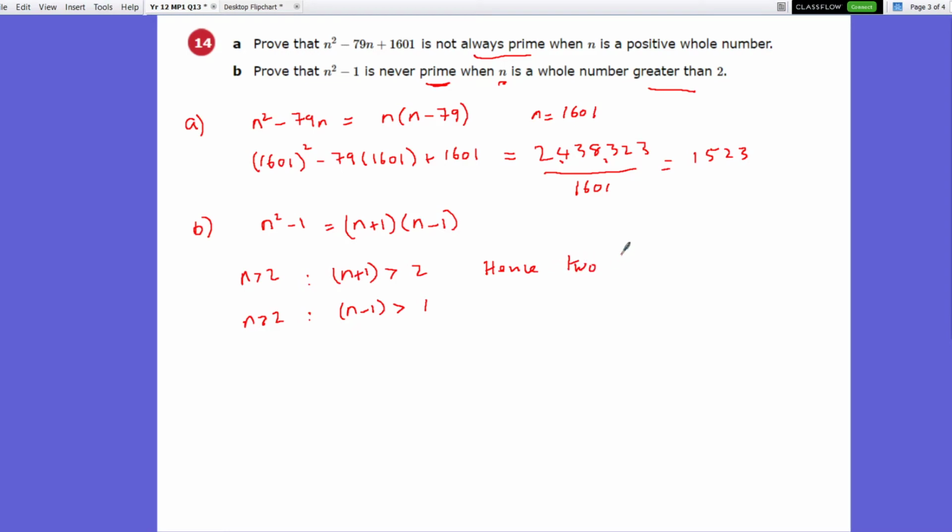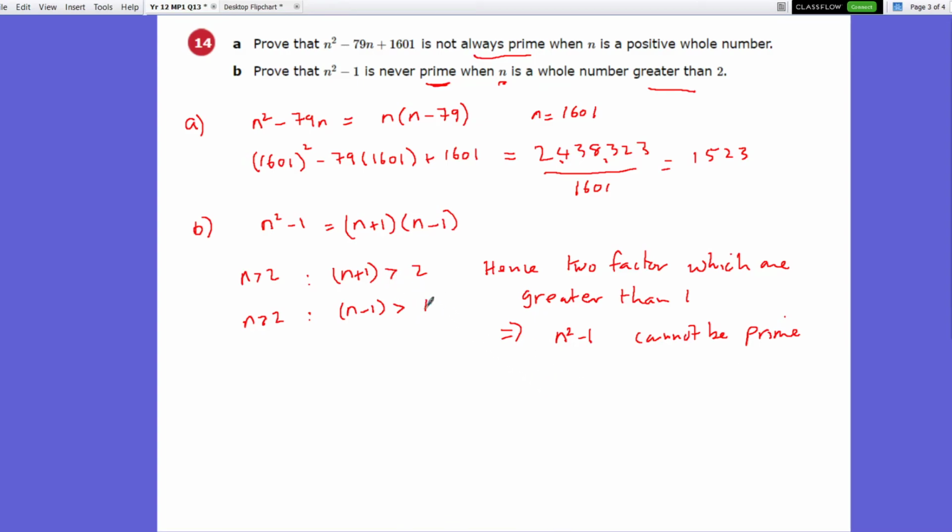hence two factors which are greater than 1, which implies the product n squared minus 1 cannot be prime, because it has other factors other than 1 and itself.